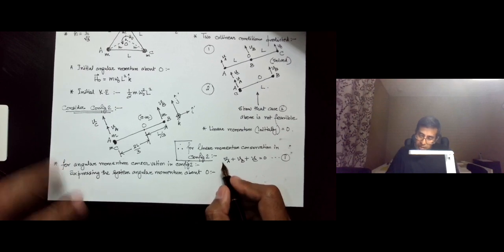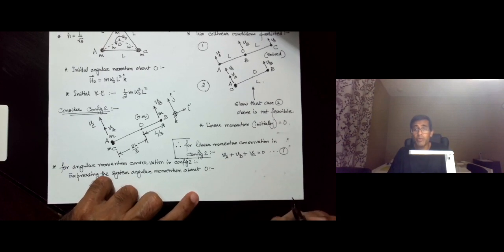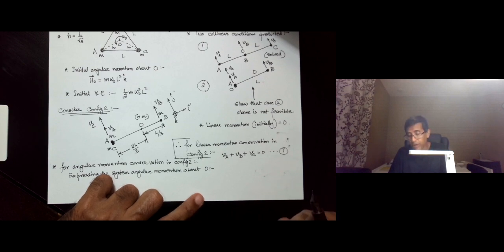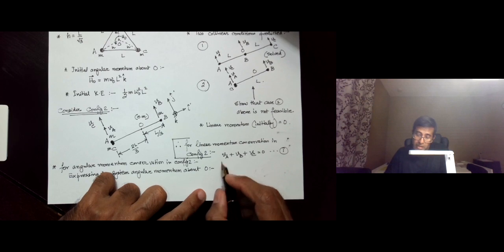Now O is a fixed point, so we can consider O to be the center of mass. In this case, the center of mass is not moving, so therefore in both cases we are going to get the same expressions.